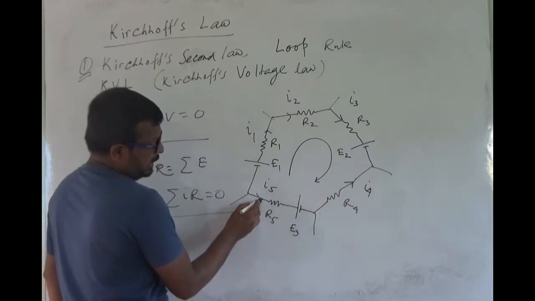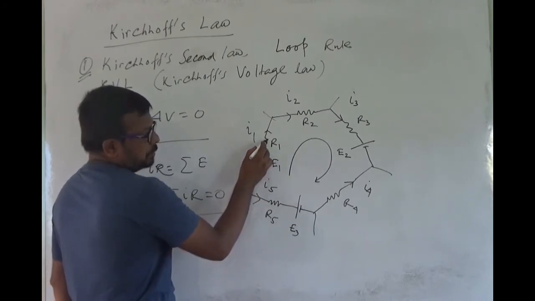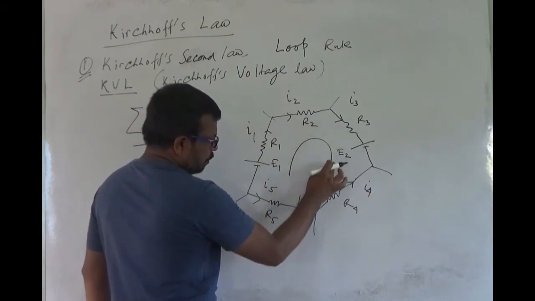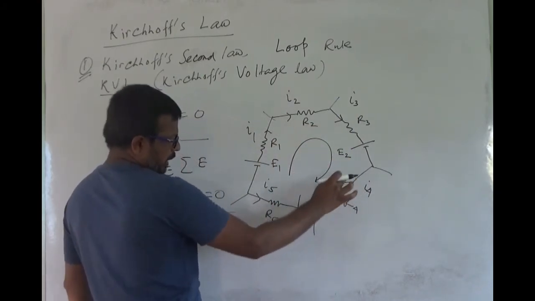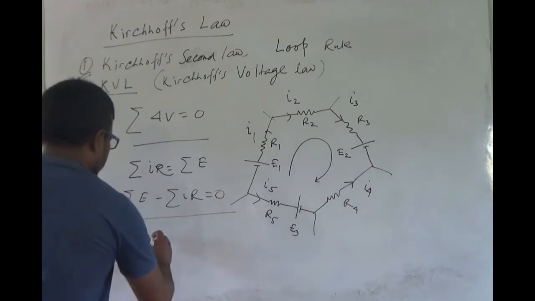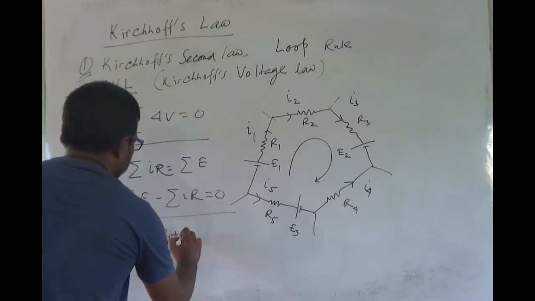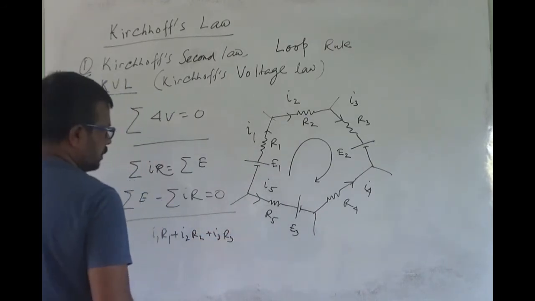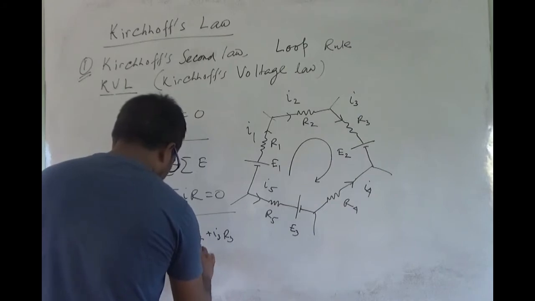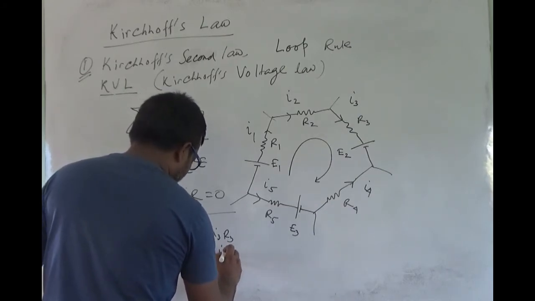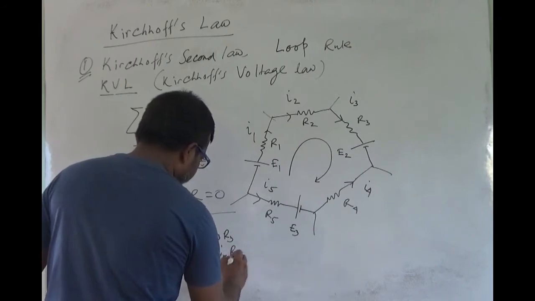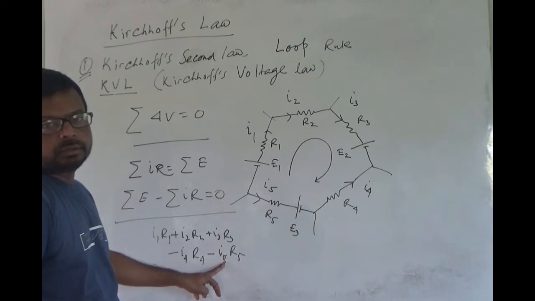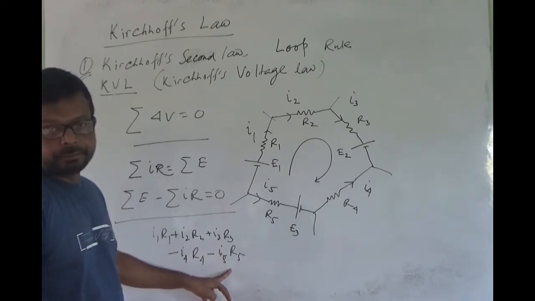This current is negative and this current positive, because these are in the clockwise direction, but those are in the anti-clockwise direction. Therefore, I1 into R1 plus I2 into R2 plus I3 into R3 minus I4 into R4 minus I5 into R5, because these two currents are taken as negative, right?